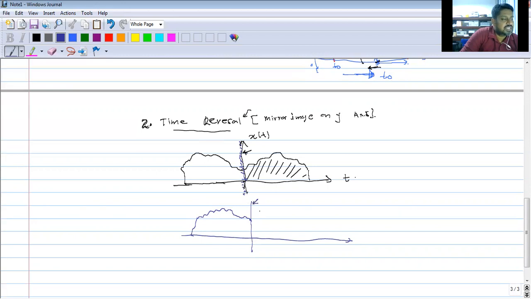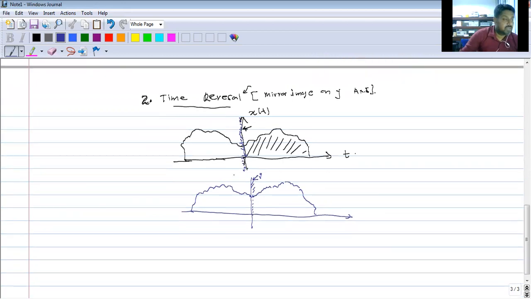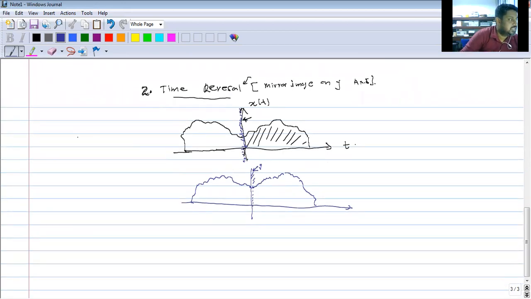I consider this y-axis as a mirror, then I draw the mirror image like this. So we will get the time reverse signal like this. That is time reversal. We normally represent it as x(-t). This is the time reversal technique.